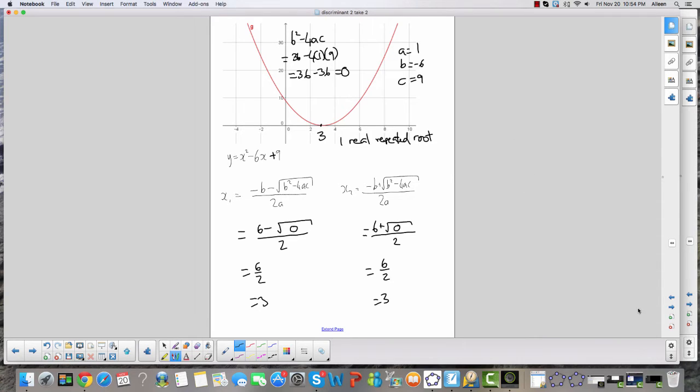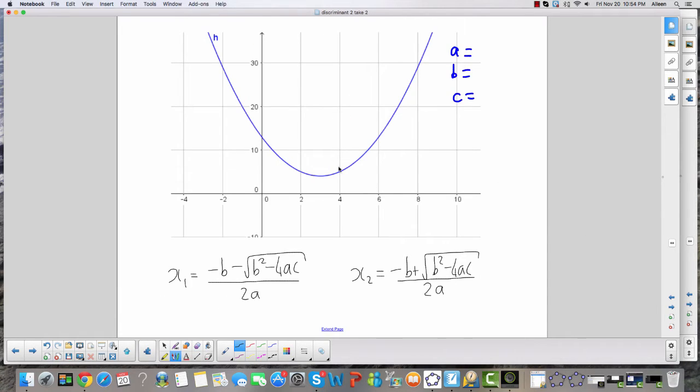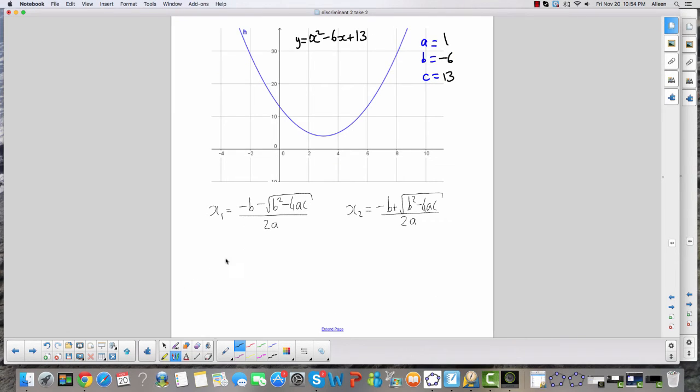Okay, we're ready to look at our third graph, which has equation y equals x squared minus 6x plus 13. Coefficient a is 1, b is minus 6, c is 13. Let's run this through the formula. We have 6 minus the square root of all that divided by 2a. a is 1, so that's just 2.